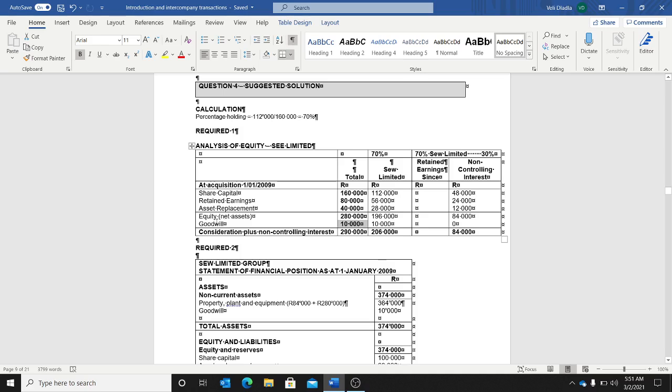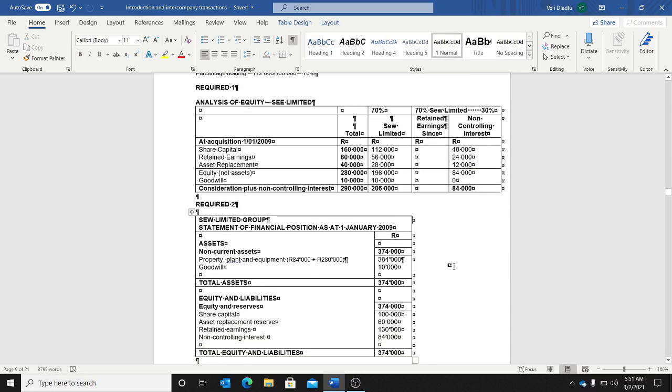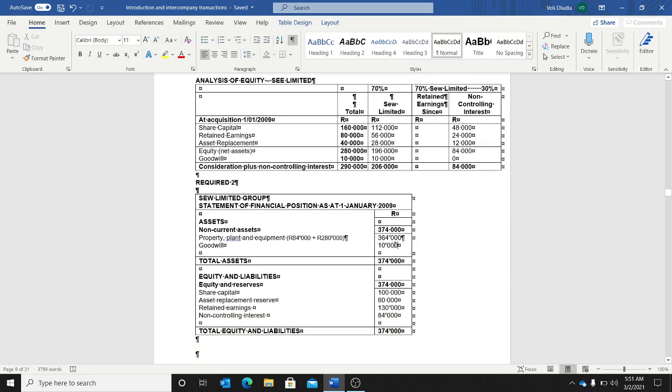Okay, and this one is called a goodwill because I've paid more. I've paid more for something that is worth 196. Okay, right. Now you'll see goodwill goes here. You put it here under non-current asset. This figure here will go here. Okay, so again under this you add the two figures.